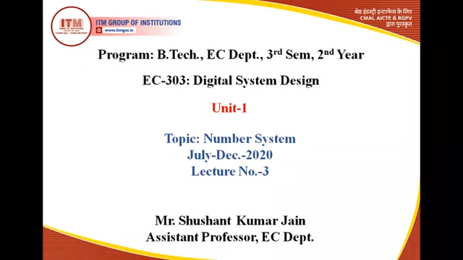In our previous two lectures we discussed how number systems are used in digital system design, and the different types of number systems, that means binary, octal, decimal and hexadecimal.